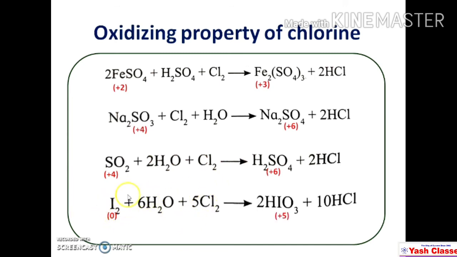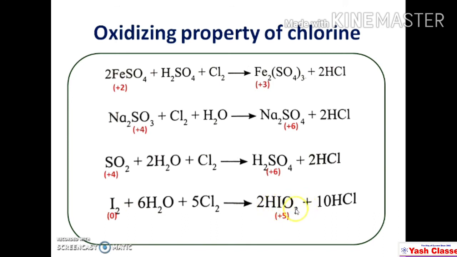Chlorine also oxidizes iodine into iodic acid. So iodine, when mixed with chlorine in presence of water, gets converted into iodic acid, HIO3. In iodine, the oxidation state is 0.